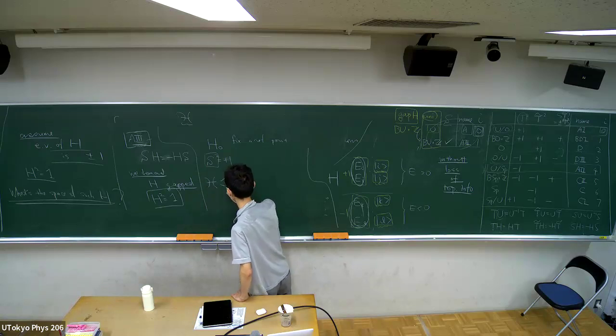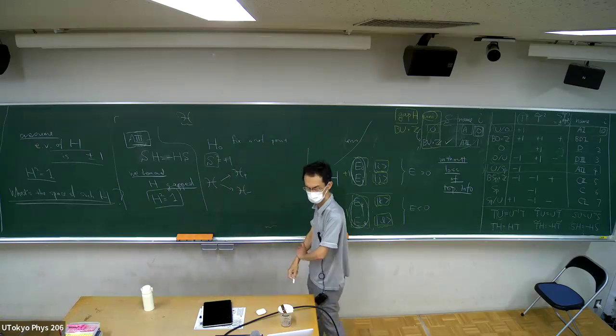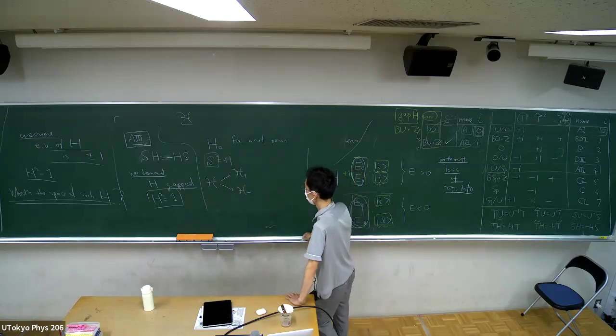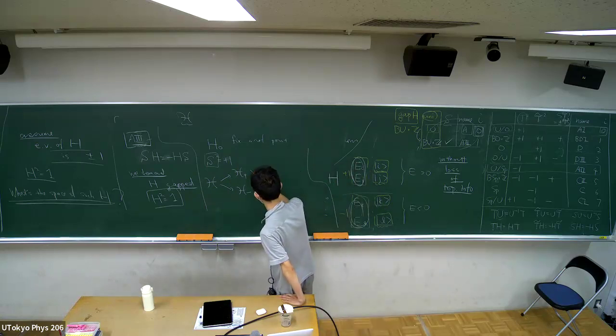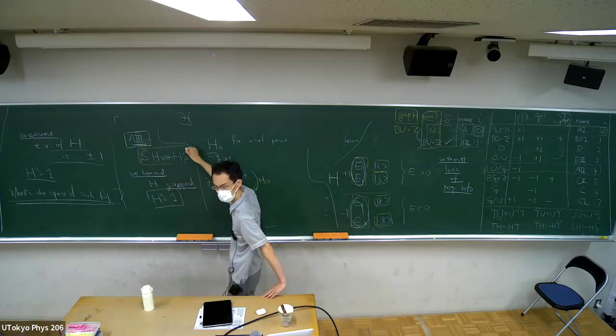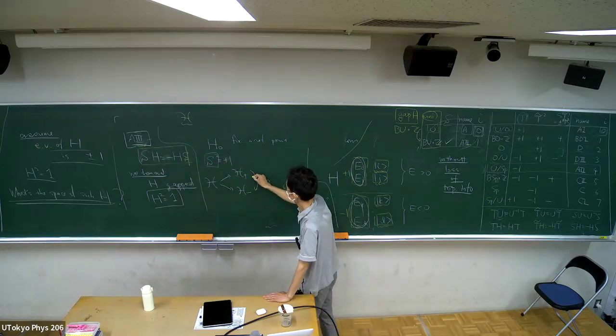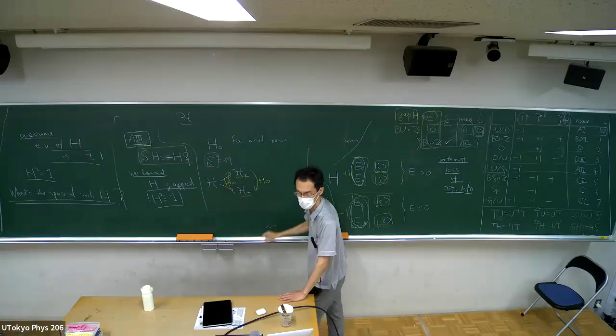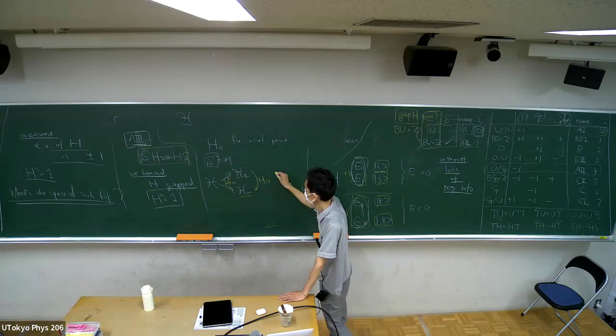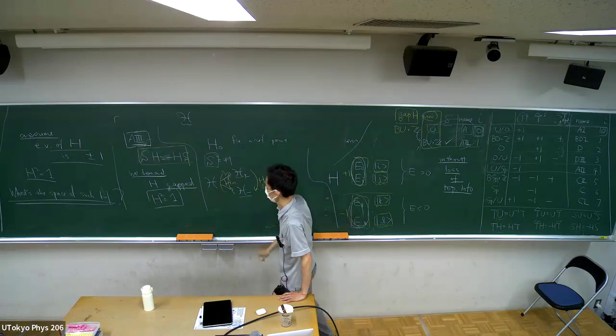Therefore, the big H is decomposed into H plus and H minus, right? And because of this anti-commutation relation, H0 exchanges H plus and H minus. Similarly, H exchanges H plus and H minus.